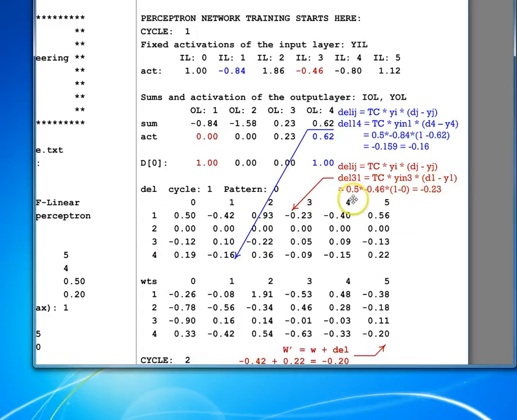In this case the training coefficient is again fixed, and what is the value of yn of 3? Here yn of 3 is 0.46, and the desired value is for element number 3.